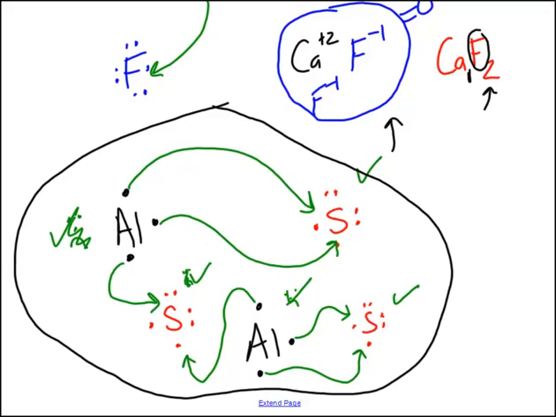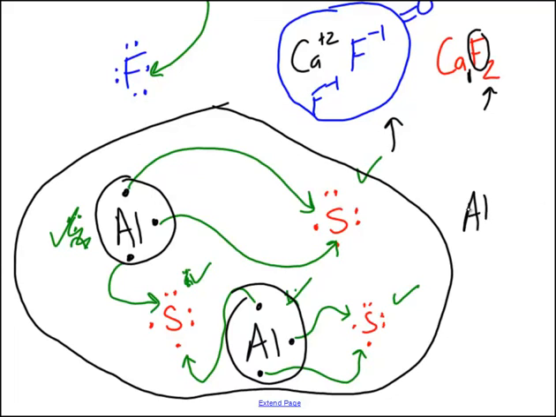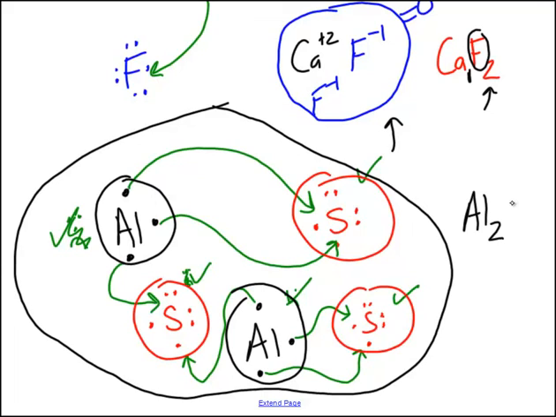So let's just look and see how many aluminum we have. Well, there's 1, there's 2 aluminum, and so that is represented by Al subscript 2. And let's check sulfurs. We have 1, 2, 3. So that's S3.